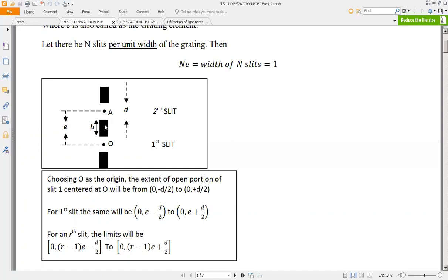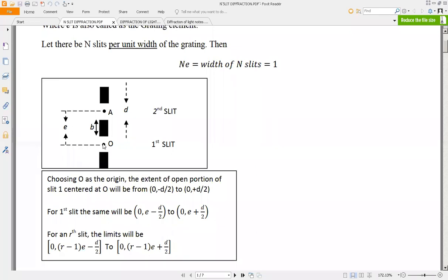The neighboring slits are separated by an opaque patch, a scratch, a line. It doesn't allow any light, and that line's width is small b. So b and e. And I know that the width of the open portion of the slit is d, whether it is this d or this d. All the slits are identical.